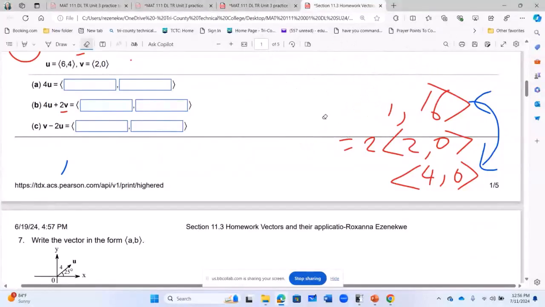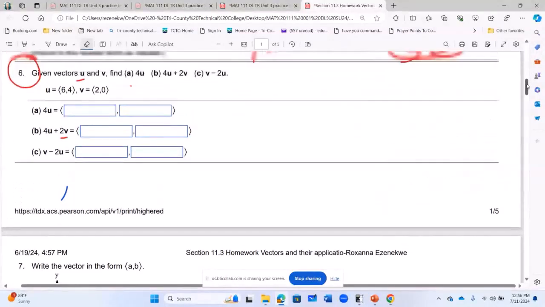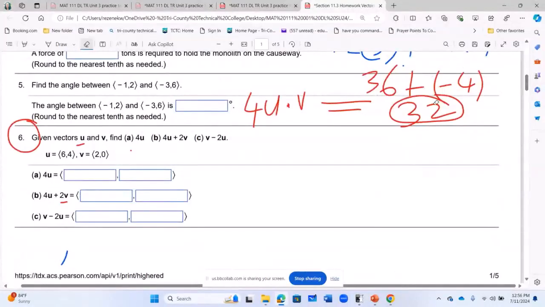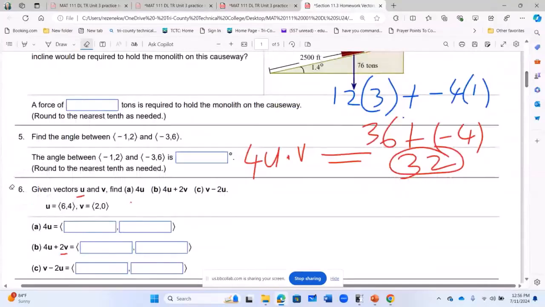Well, let's find the angle between two vectors. Number 5.